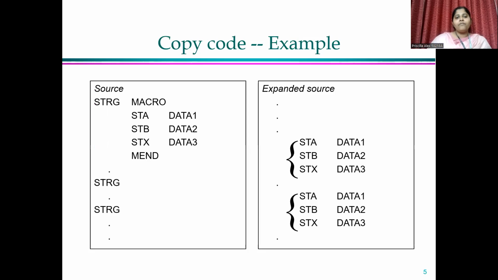When defining the macro, this is an example of a copy code instruction in which we define the macro like strg macro. When we define it as strg macro, it will have all such instructions built in. When it is expanded, it becomes STA data 1, STB data 2, and STX data 3.